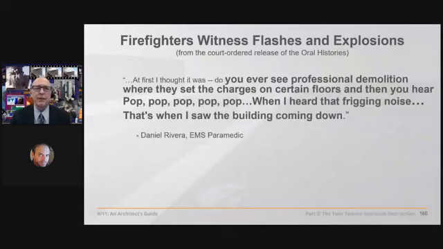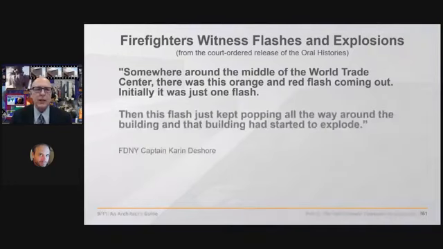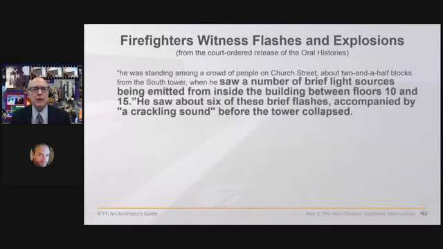You ever see professional demolition where they set charges on certain floors and then you hear pop, pop, pop? When I heard that friggin' noise, that's when I saw the building coming down. Somewhere around the middle of the World Trade Center, there was this orange and red flash coming out. Initially, it was just one flash. Then this flash kept popping all the way around the building, and that building had started to explode. I saw a number of brief light sources being emitted from inside the building between floors 10 and 15.